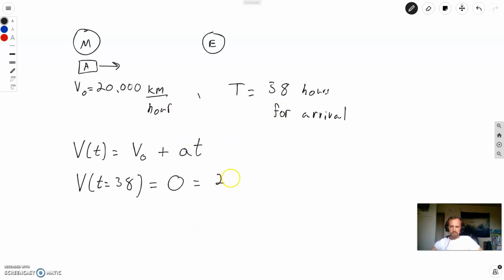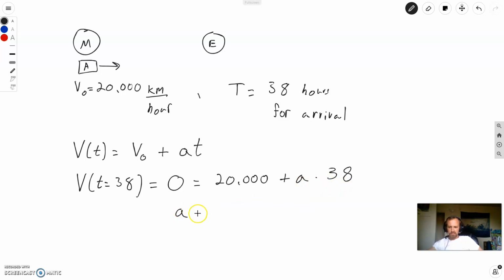So then this would be 20,000 plus a times 38. Notice my acceleration is measured in kilometers per hour squared. It has to be, because I multiplied hours right here, and my velocity is in kilometers per hour. So this whole term has to come out as kilometers per hour as well.